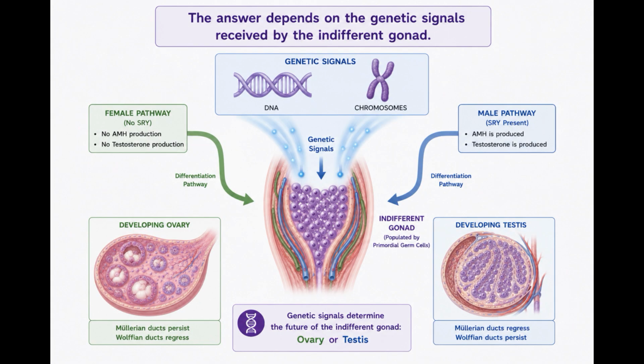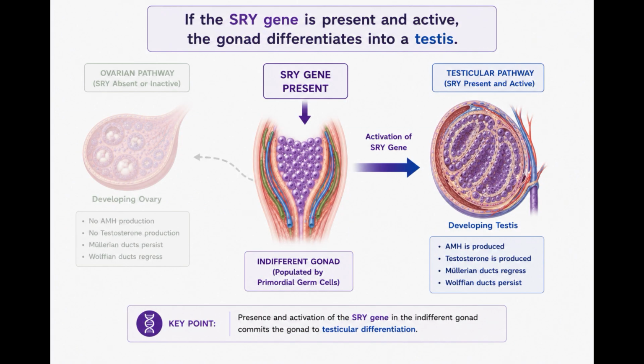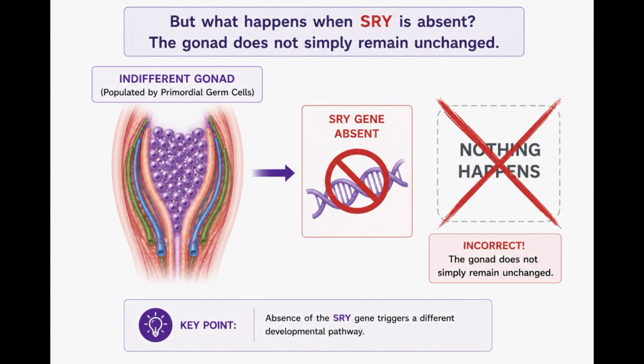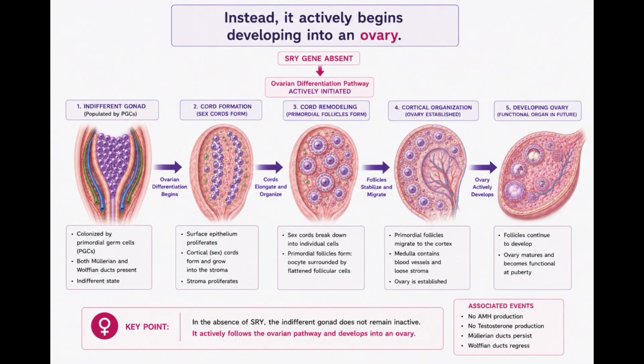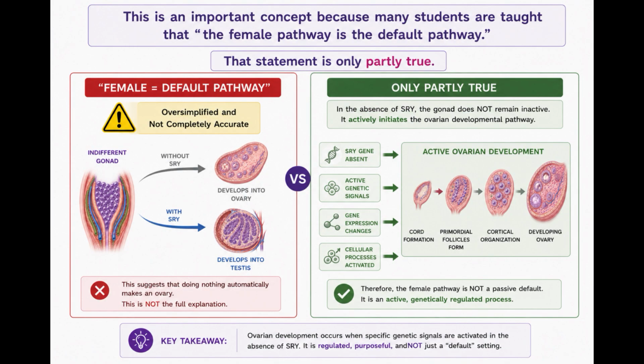The answer depends on the genetic signals received by the indifferent gonad. If the SRY gene is present and active, the gonad differentiates into a testis. But what happens when SRY is absent? The gonad does not simply remain unchanged. Instead, it actively begins developing into an ovary. This is an important concept because many students are taught that the female pathway is the default pathway.